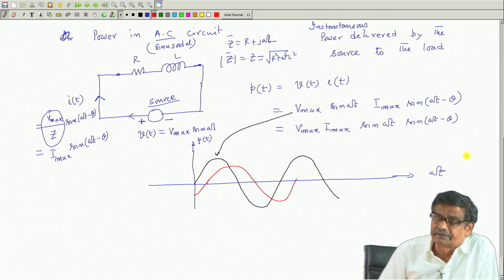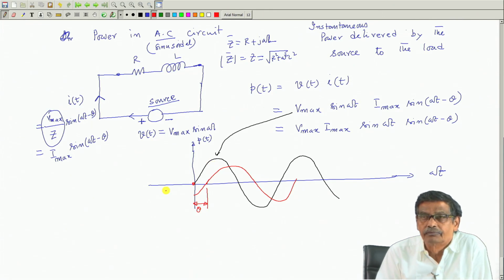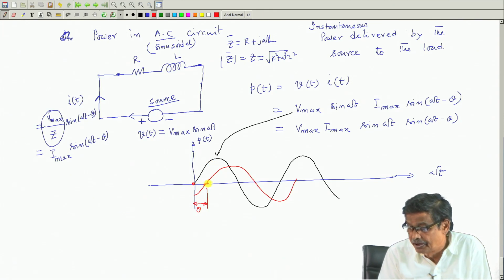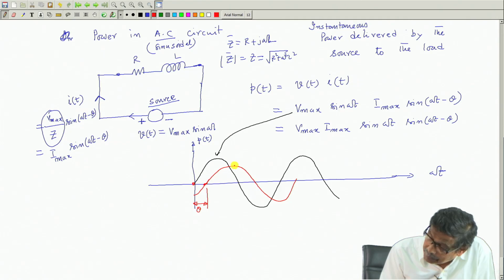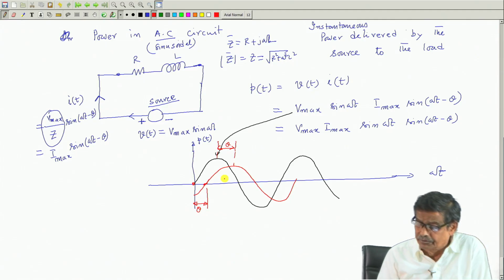Steady state current was there, here also it is there. And this angle is theta, this angle is theta. Whatever is happening to the voltage waveform, that is zero going towards positive, similarly, current zero going towards positive will happen after theta. Similarly, this theta will be between peak to peak also. You know this.